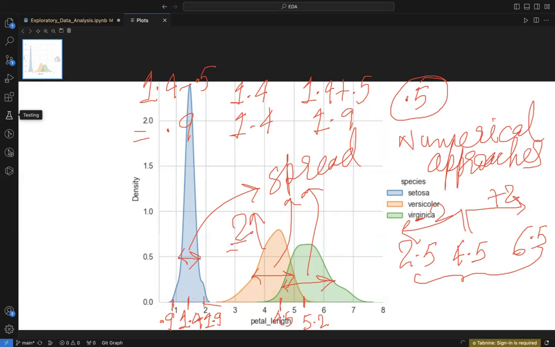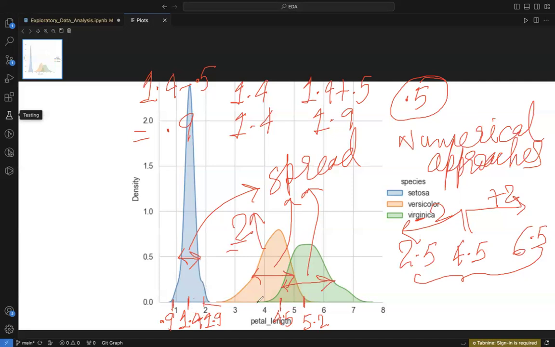Here we are seeing the plot and we are saying, okay, your Virginica is much more widely spread than your versicolor, and your versicolor has a much wider spread than your Setosa.